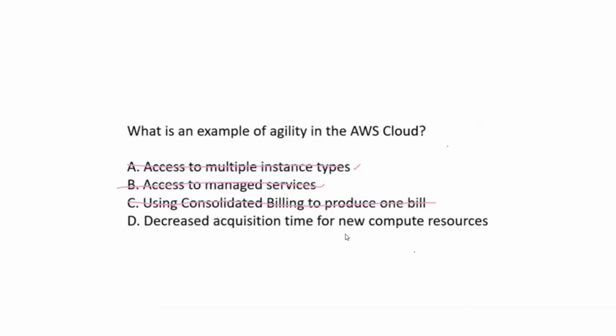Okay, so this is something that is agile, because suppose you are on-prem and you are not using cloud. If you want more load balancers, then you have to rush to your nearest store to purchase new load balancers, and then you can scale.